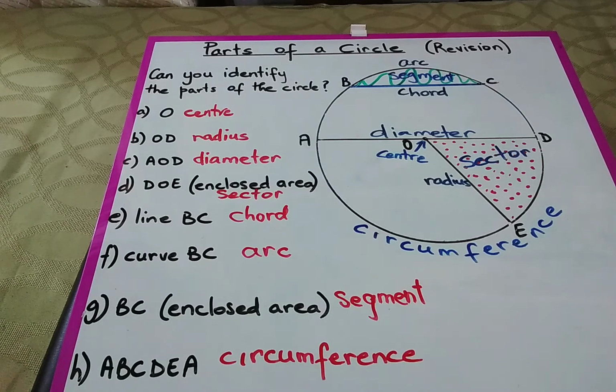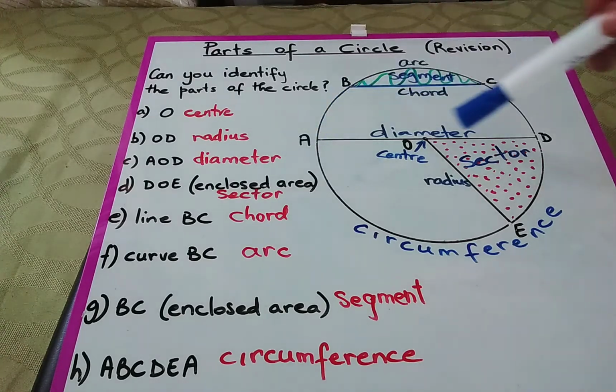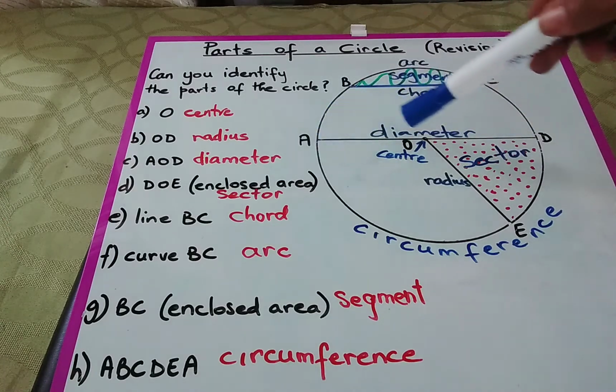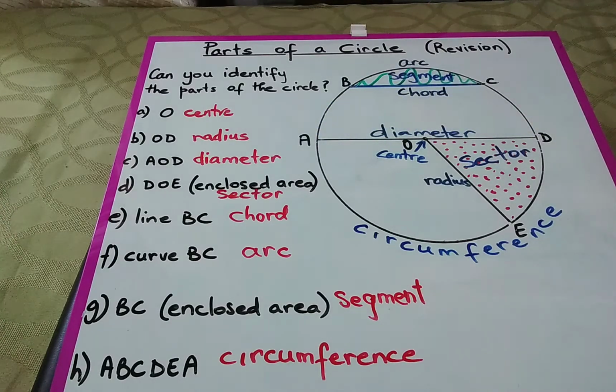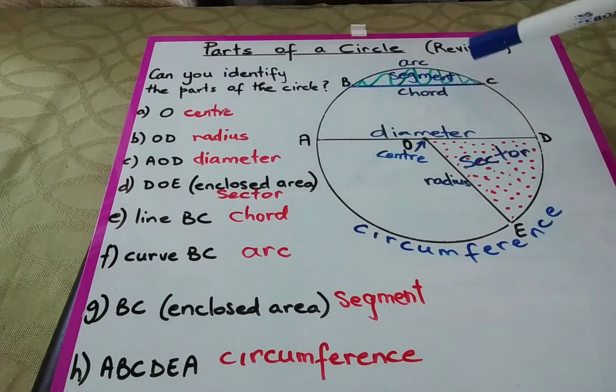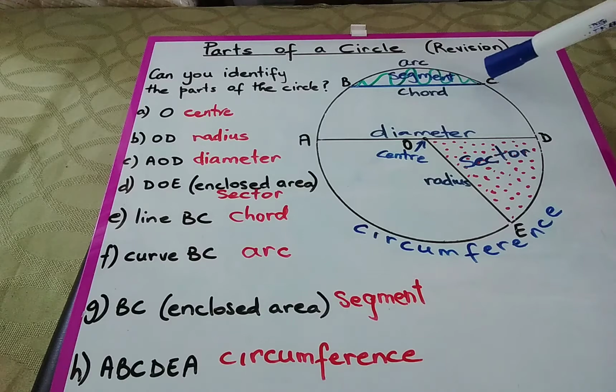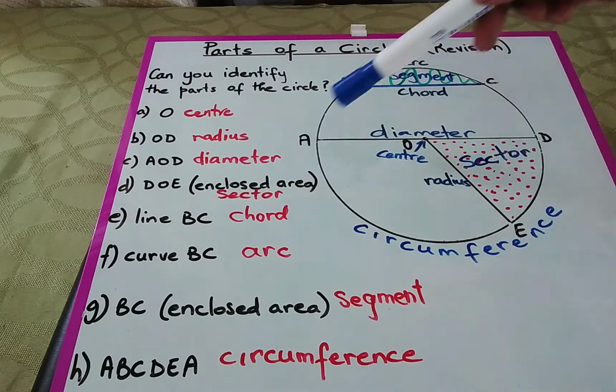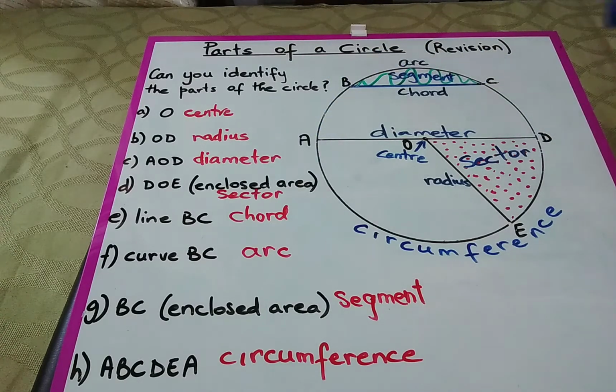Then we have what we call the diameter, which is a special chord, but it goes through the center. And then we have the segment, which is the enclosed area between the chord and the arc. This is also an arc. A to D is also an arc, which is a semicircle.